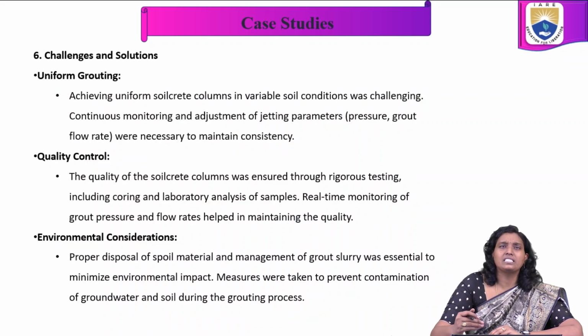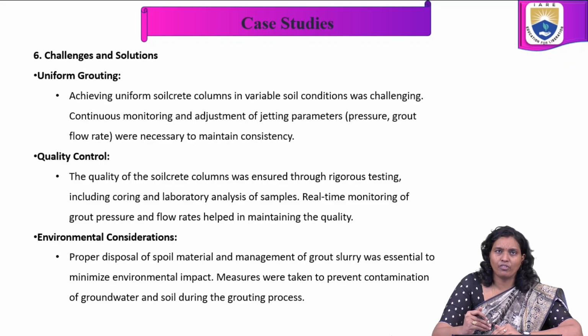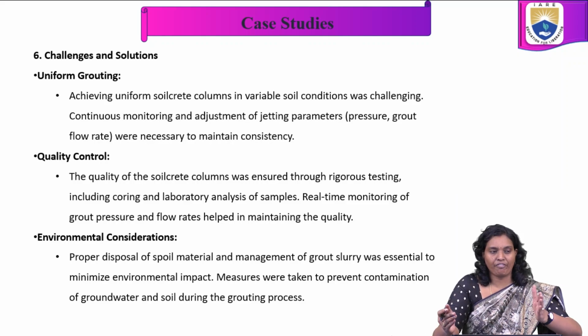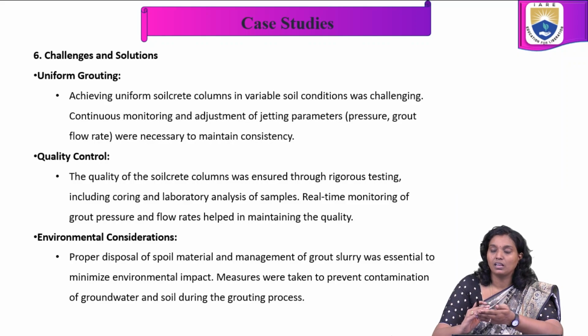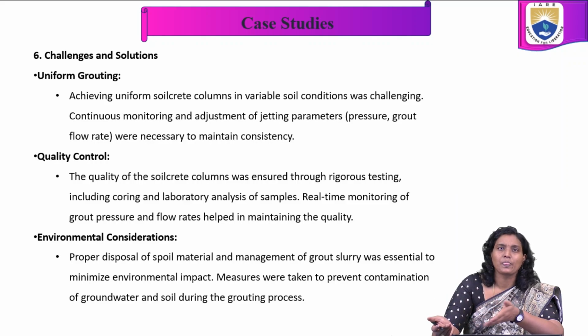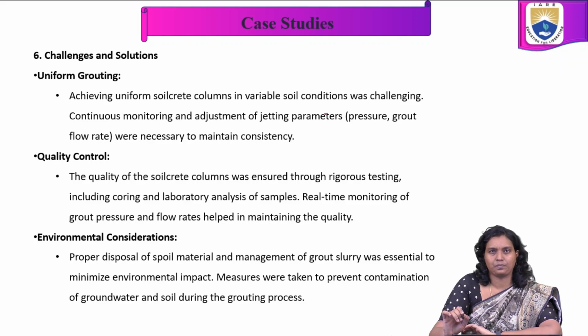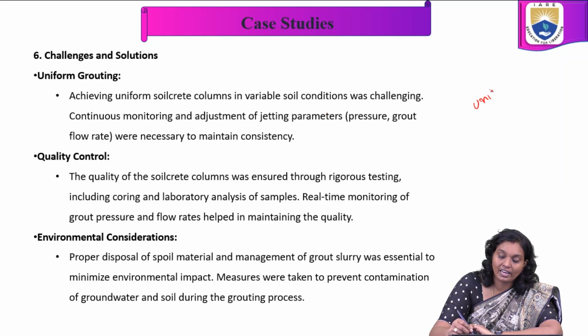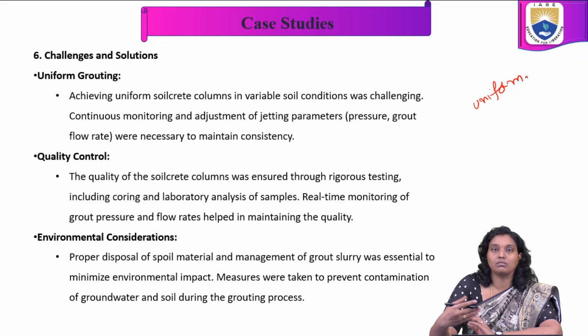And these are the challenges and solutions we understand from this. Uniform grouting: we face settlement, which means different soil conditions behave differently and have different kinds of settlements. So using uniform grouting, we aim at achieving uniform soil-crete columns in variable soil conditions, because there may be uncertainty.